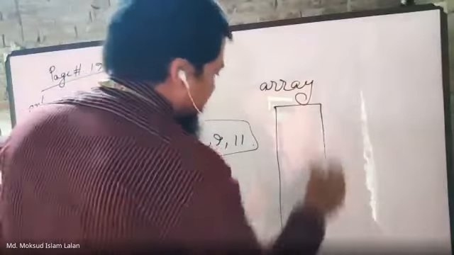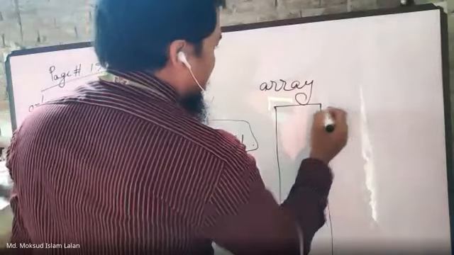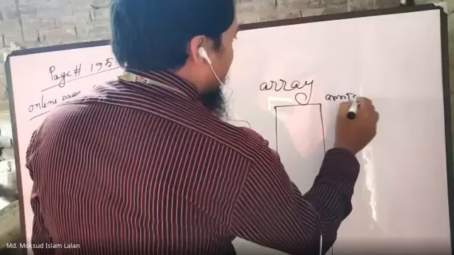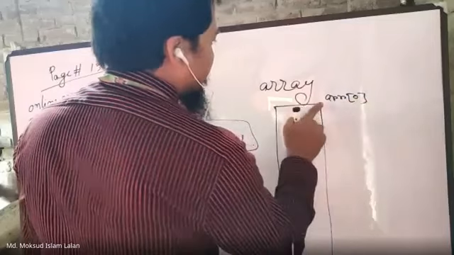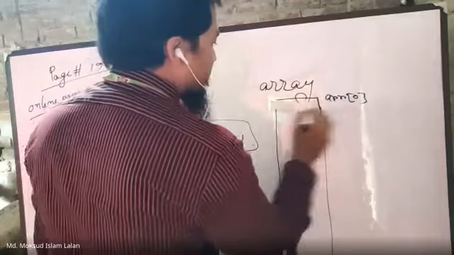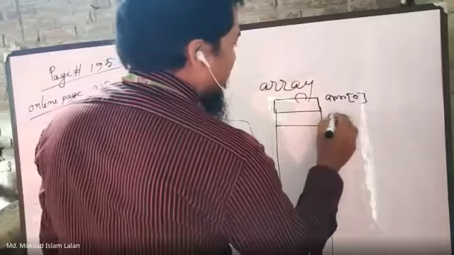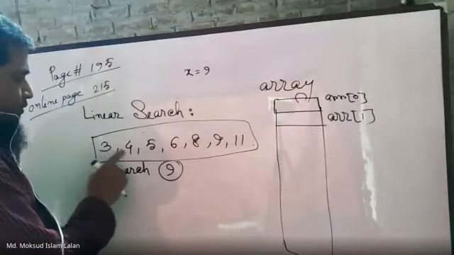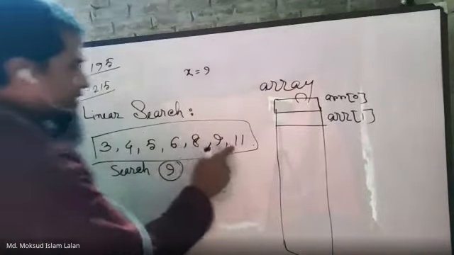So here the location is 0, I mean its location is ARR0, the first one. Similarly, ARR1. How many are here? 1, 2, 3, 4, 5, 6, 7.